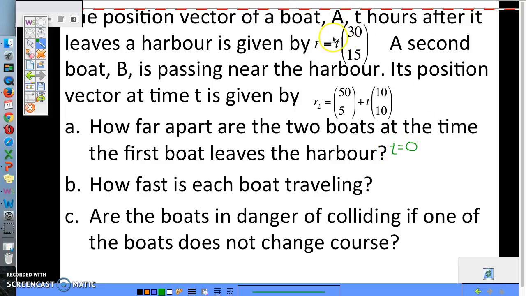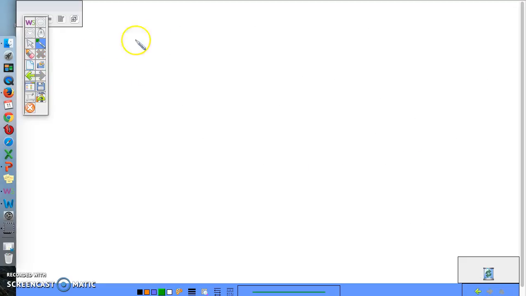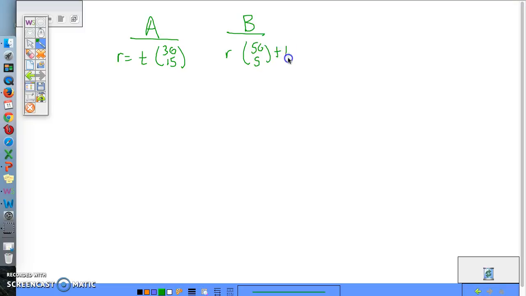So boat A is R equals t times 30, 15, and boat B is 55 plus t times 10, 10.